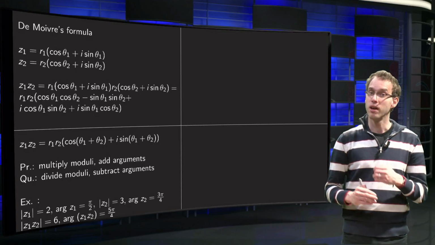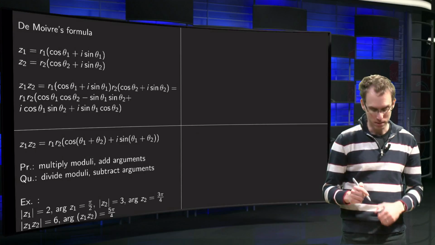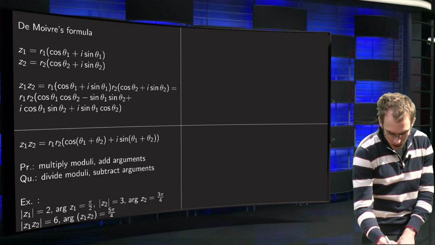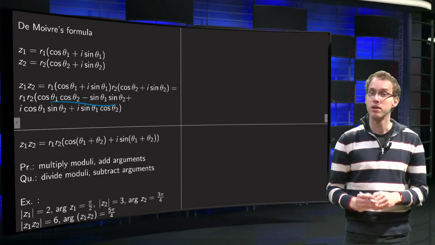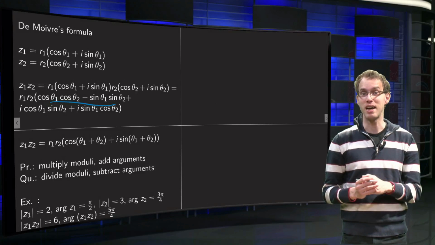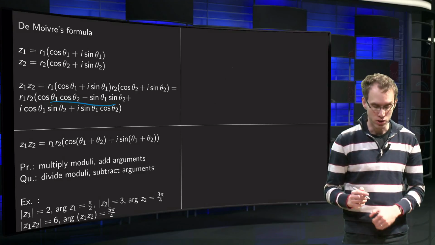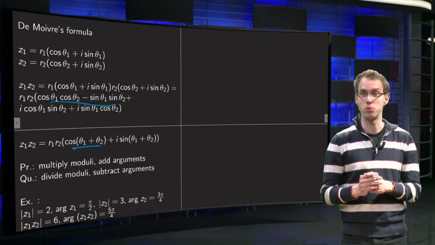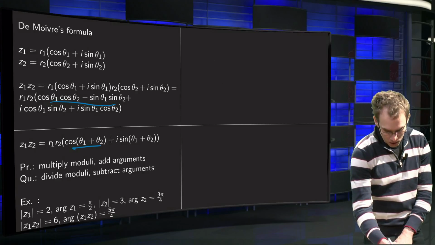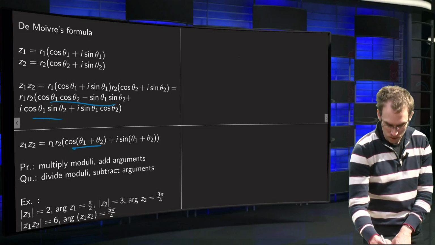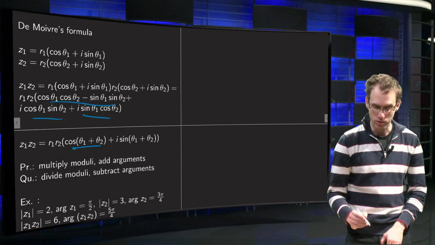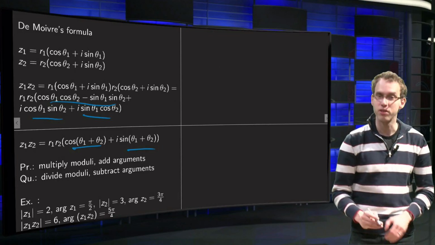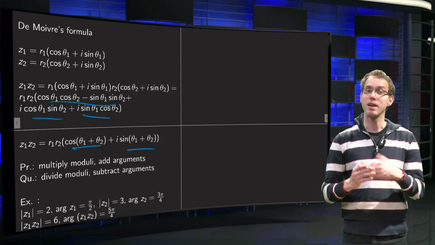However, we see something nice happening, because cosine theta 1 cosine theta 2 minus sine theta 1 sine theta 2 is just the cosine of the angle theta 1 plus theta 2. And cosine theta 1 sine theta 2 plus sine theta 1 cosine theta 2 is just the sine of theta 1 plus theta 2. So what has happened?